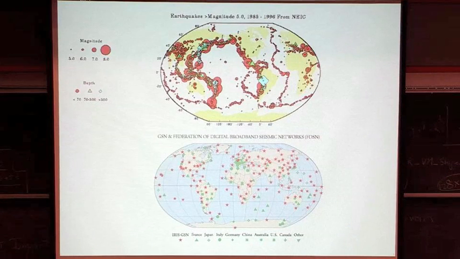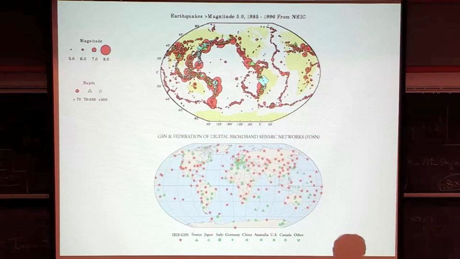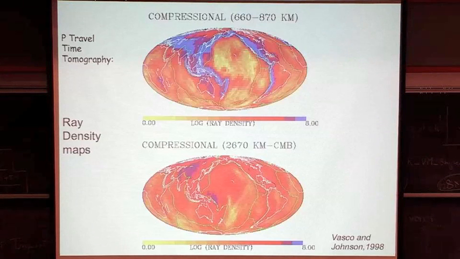Right now it's mainly a challenge of cost rather than technology. So, how do you assess sampling? One way is to plot ray density maps. In each block, which I think is about 2 degrees by 2 degrees, you can count how many rays go through your block, for P travel times.